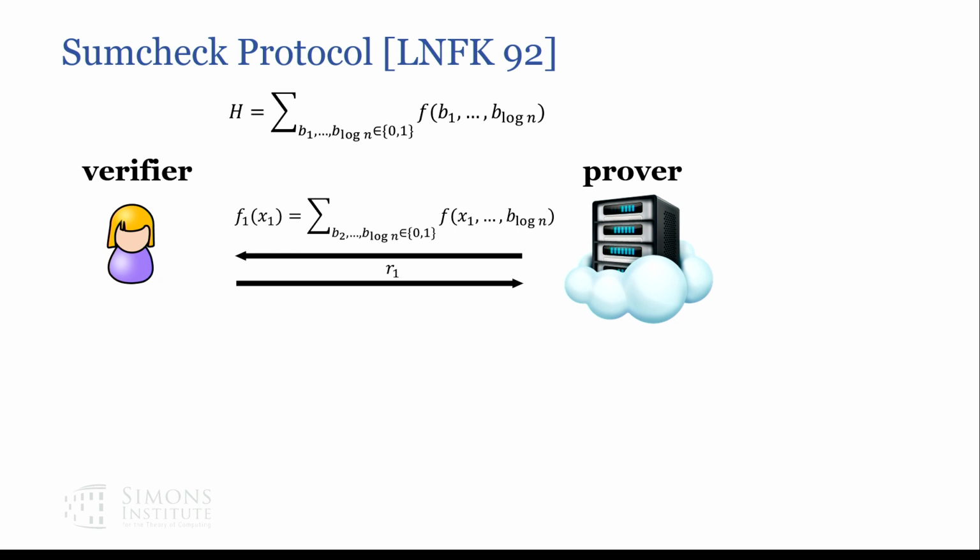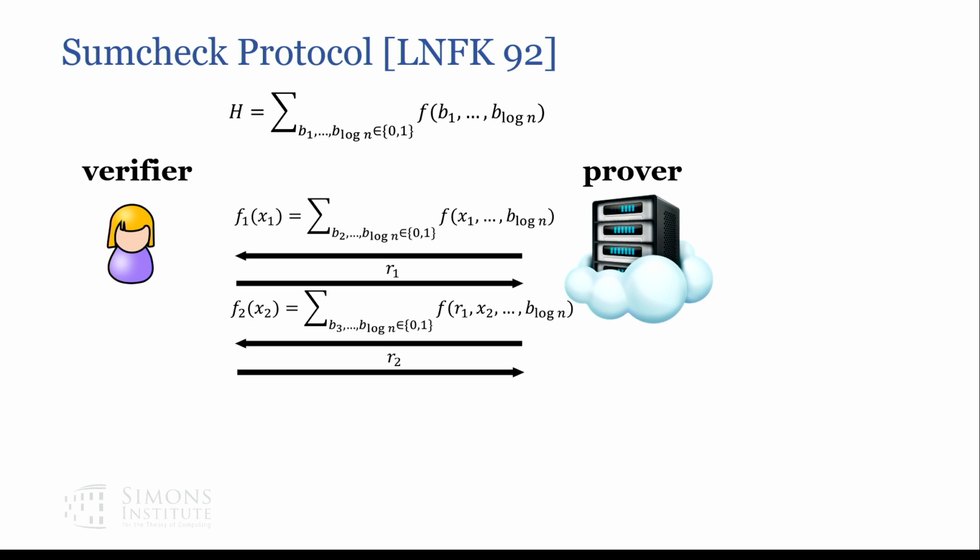Okay. After that, the verifier is going to send a random challenge to the prover called R1. And using this R1, the prover is going to send another univariate polynomial defined on x2, given by this sum, which is again half of the size of the previous one. Okay? And they just do it round by round, and eventually in the last round, the prover is going to send a univariate polynomial for the last variable defined in this way.